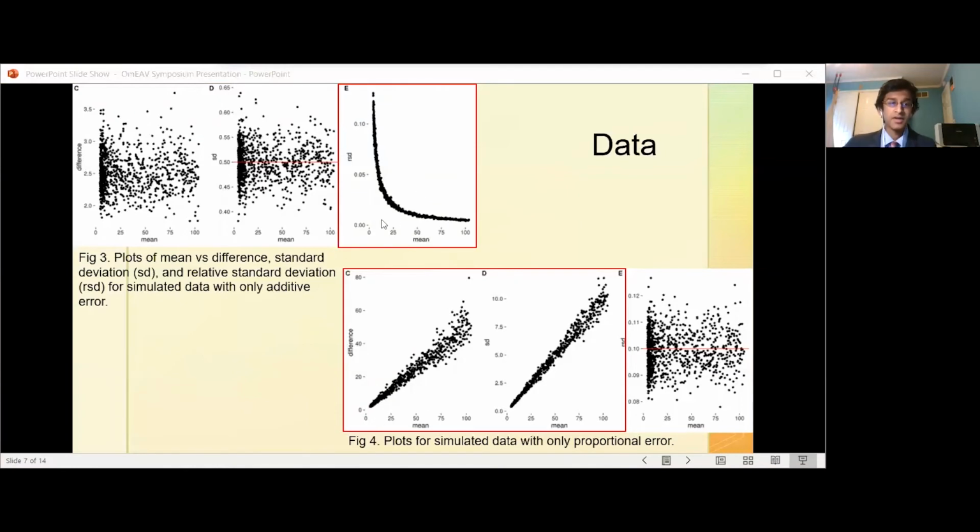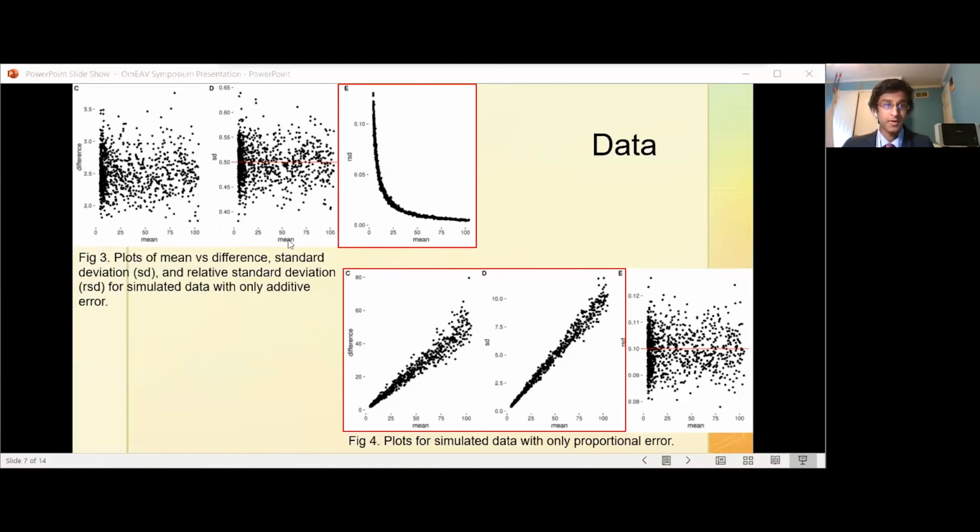And then I graphed each of the three, the difference in range, the standard deviation, and the relative standard deviation against the mean. And so how I went about doing this was I made 3 separate data sets. One where only constant error or additive error was introduced into the set, meaning the error was constant throughout the whole thing.